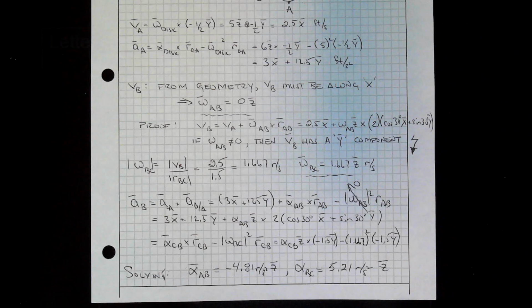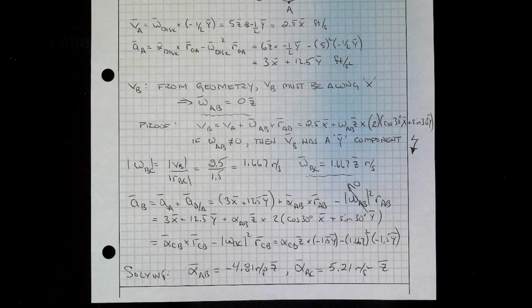So here's the acceleration of A plus alpha AB, which we'll assume is counterclockwise positive, and we'll let the signs correct us, cross length 2, cosine 30 in the x, sine 30 in the y. Now, we can't solve this yet because we need something on the other side to equate this to. Here's our unknown, so we can't knock this off.